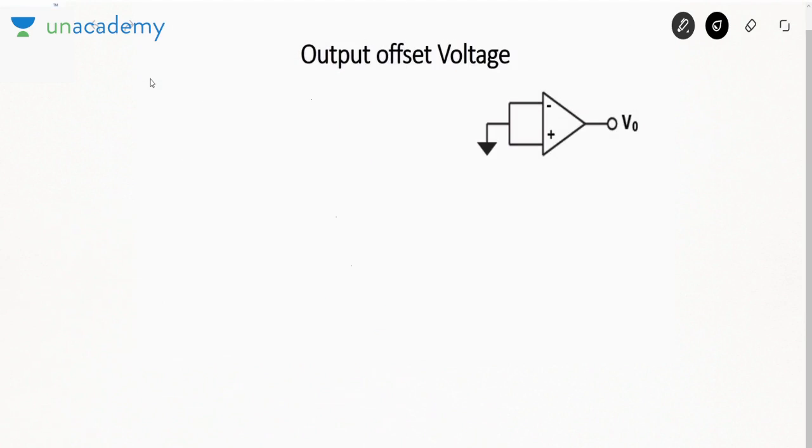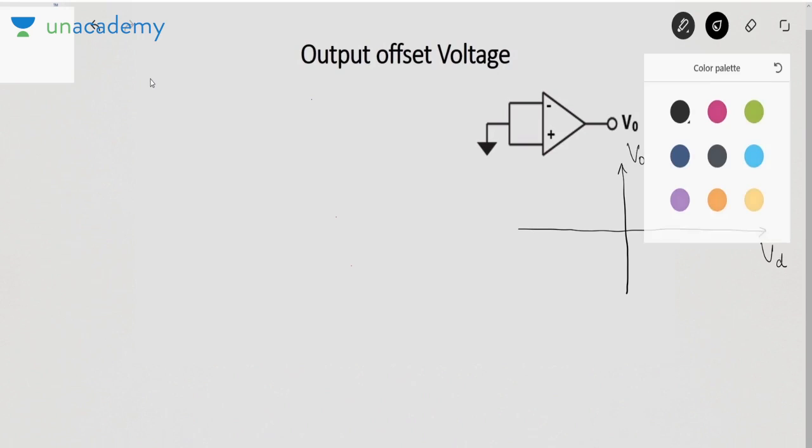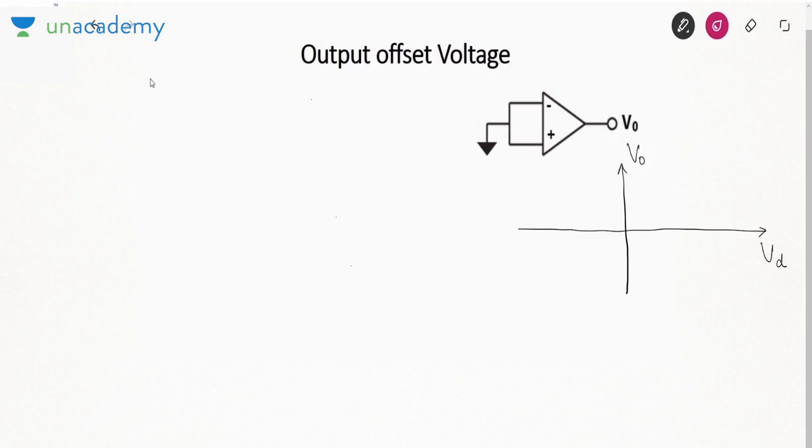The second one, output offset voltage. Just now what I have shown you is the characteristics, V0 versus VD. They look something like this. This was the input offset voltage VIO, and this is called the output offset voltage.